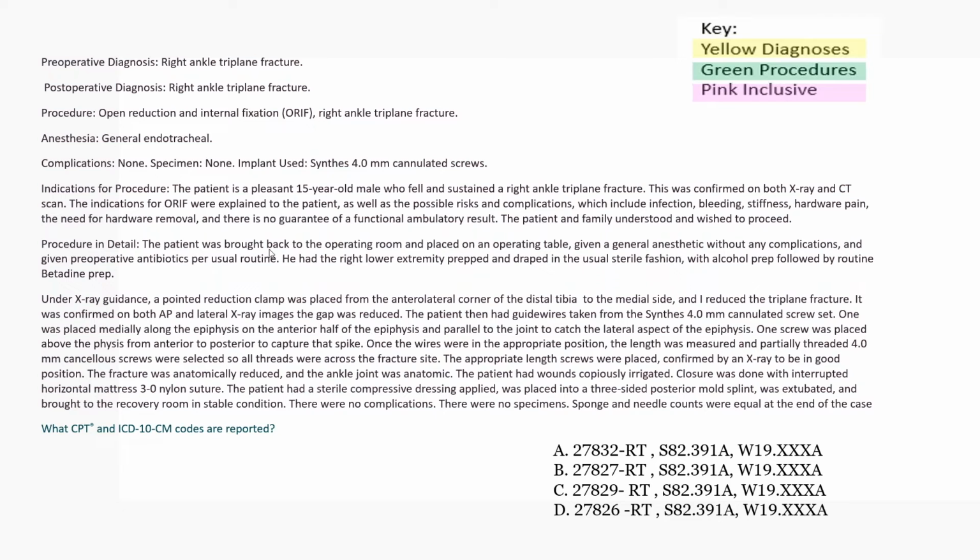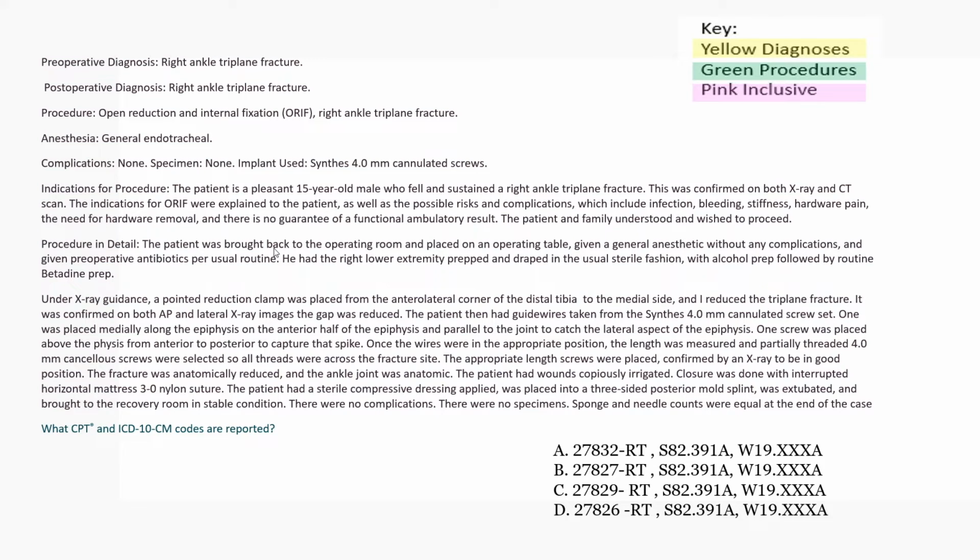The patient is a pleasant 15-year-old male who fell and sustained a right ankle triplane fracture. This was confirmed on both X-ray and CT scan. The indications for ORIF were explained to the patient, as well as the possible risks and complications, which include infection, bleeding, stiffness, hardware pain, the need for hardware removal, and there is no guarantee of a functional ambulatory result. The patient and family understood and wished to proceed.